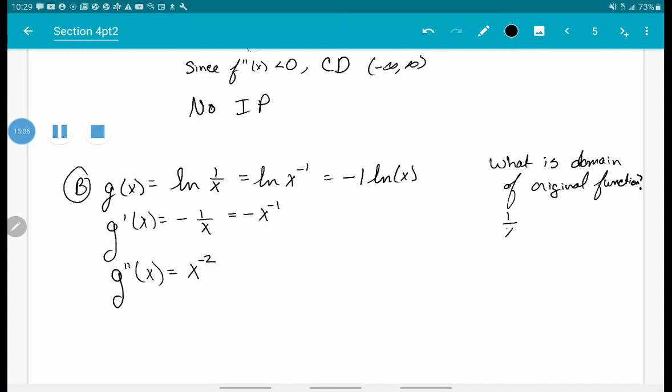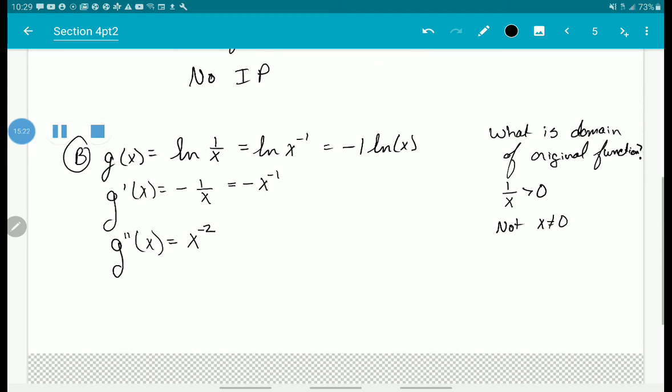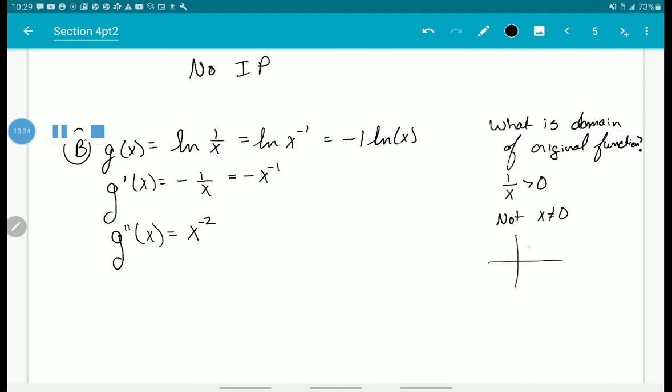We know 1 over x has to be greater than 0, because when we take the ln of something, we can't take the ln of negatives or 0. Also note that x can't be equal to 0, because then that's going to be undefined. So where is 1 over x greater than 0? Well, if you think about what 1 over x looks like, it looks like this. And it's going to be positive here. So then the domain of that function would have to go from 0 to infinity.